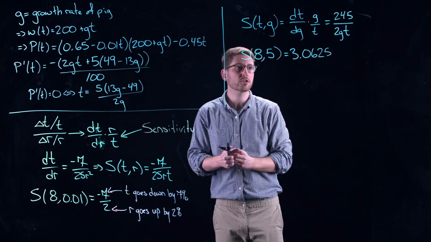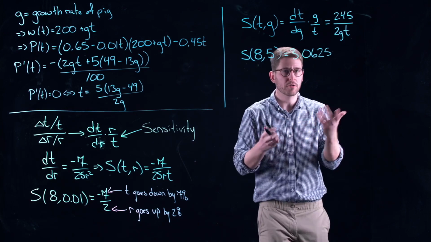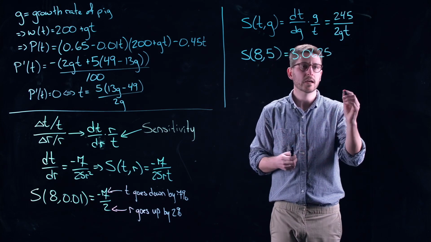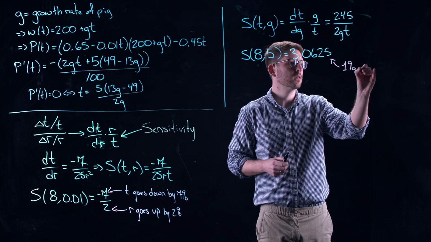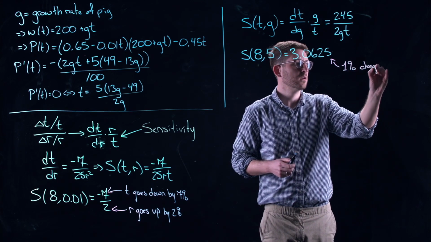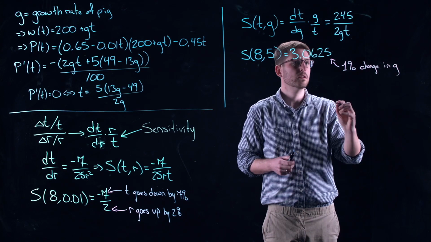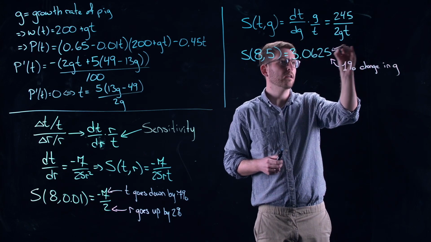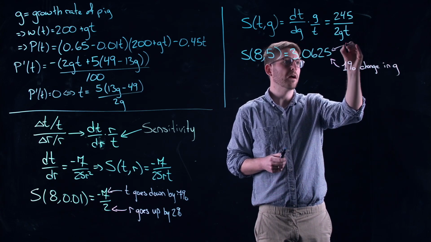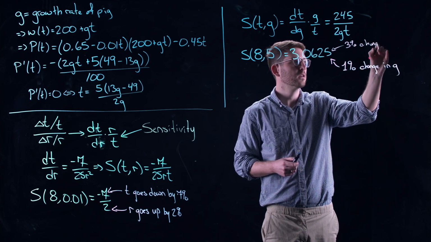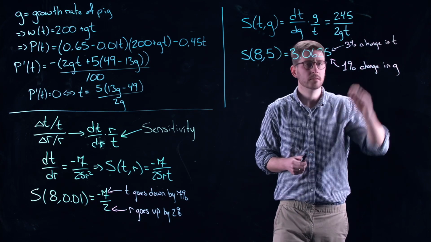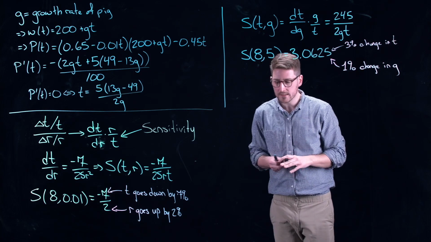So how does this actually read? Well, this is about 3. So this tells us a 1% change in g is going to cause about a 3% change in T. That is what that is telling you, right?